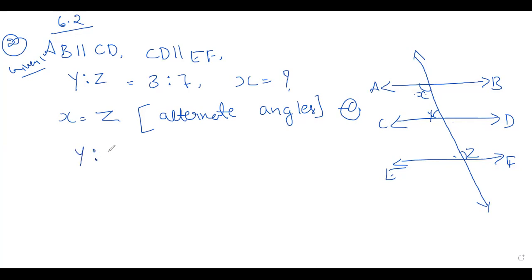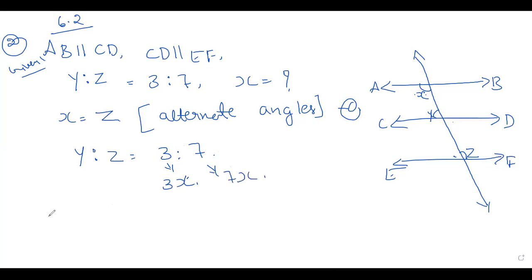Y is to Z is equal to 3 is to 7. Write it as 3x and 7 as 7x.